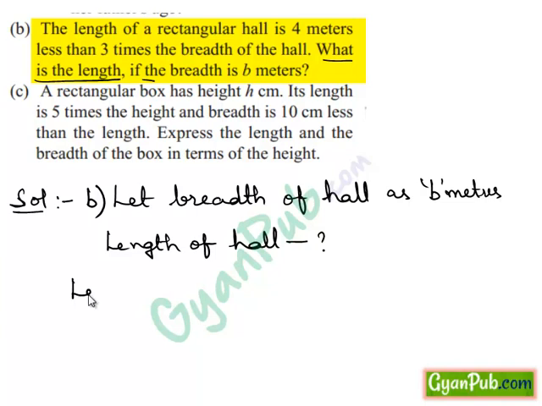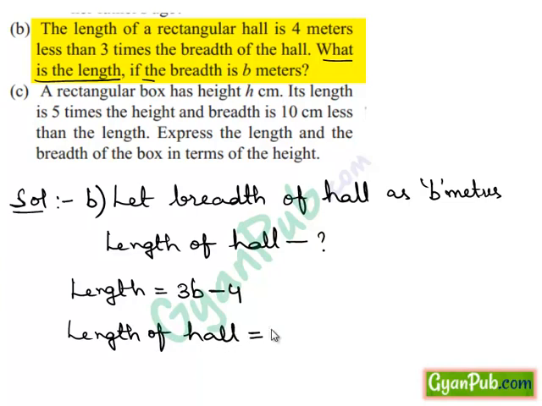So length is equal to 3b minus 4. Since it is 4 meters less than 3 times the breadth of the hall, we take it as 3b minus 4. So the length of the hall is equal to 3b minus 4 meters.